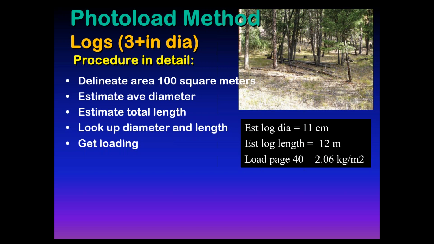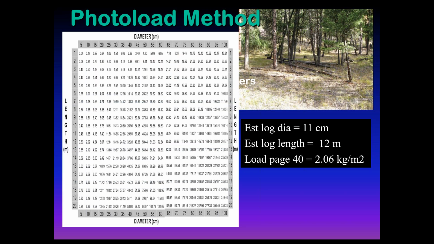So you take a look, and what we've done in the Photoload system is we developed tables where we can come in and match the diameter over here at 10 centimeters and go down to 12 meters, and we get 2.02 for our loading. So we're estimating, because we're a little off, 2.06, and of course the log loading in this photo was 2.